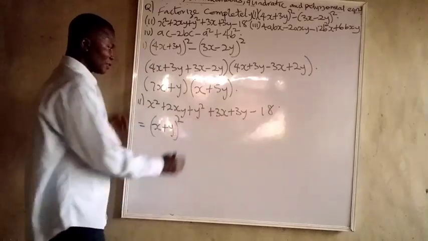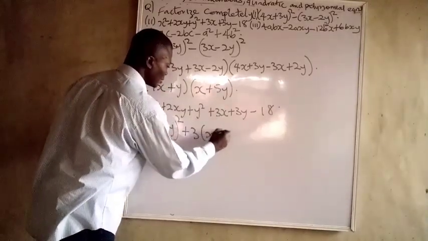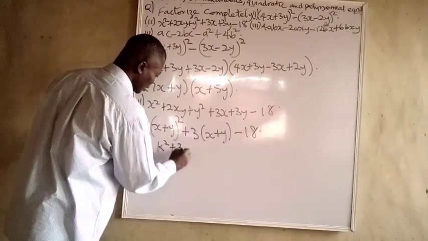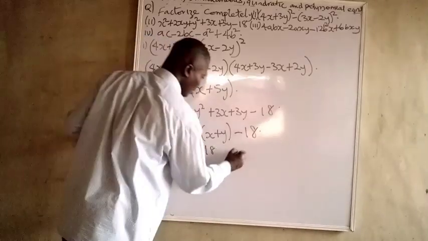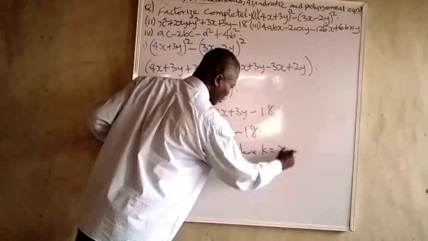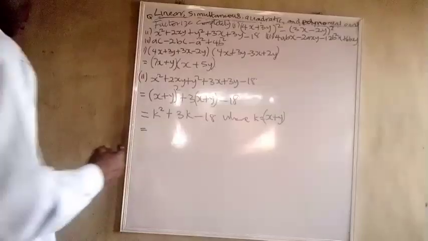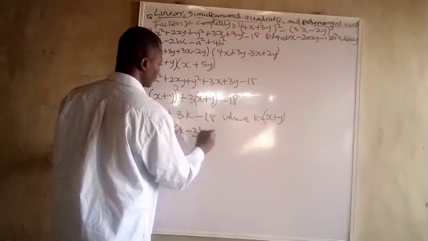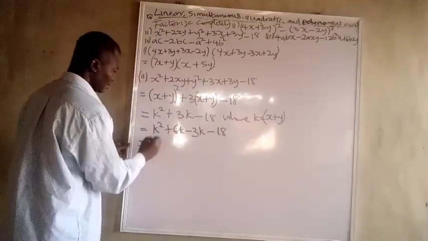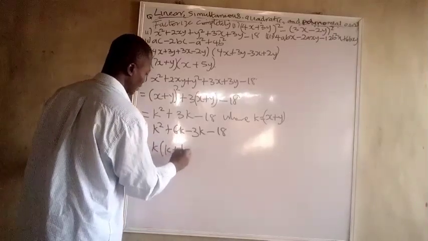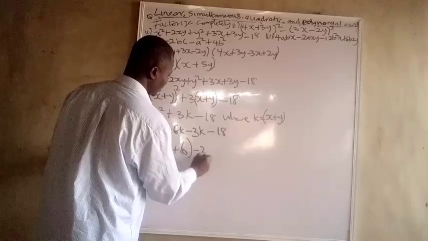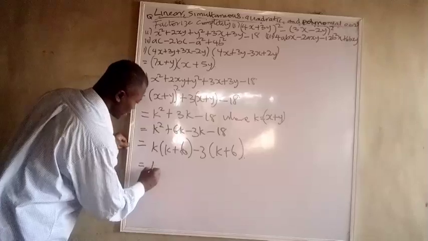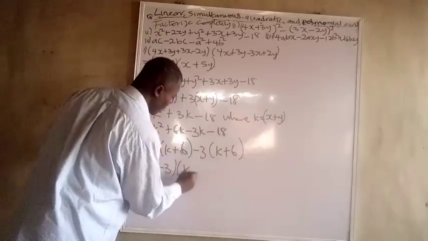If you factorize, we are going to have 3 into x plus y, so we have k squared plus 3k minus 18, where k is x plus y. So this now gives us k squared plus 6k minus 3k minus 18, and that gives us k into k plus 6 minus 3 into k plus 6. Then this now gives us k minus 3 into k plus 6.